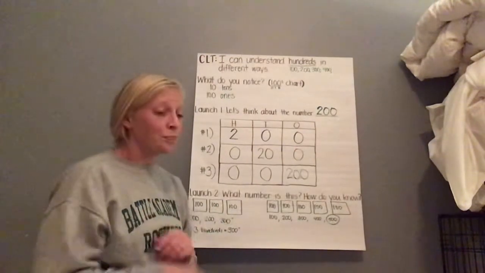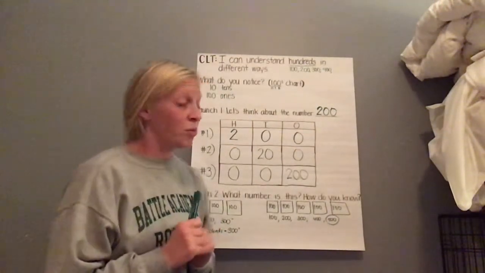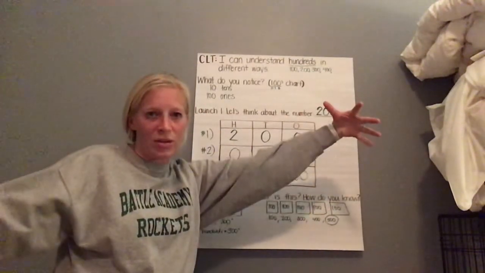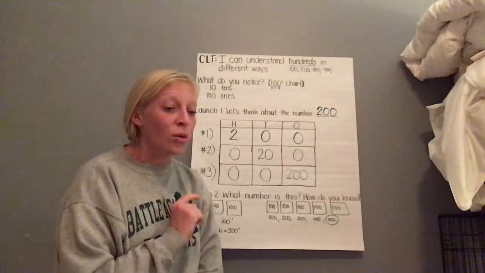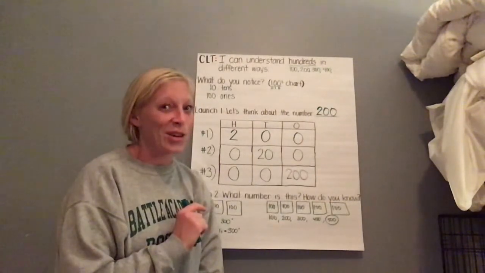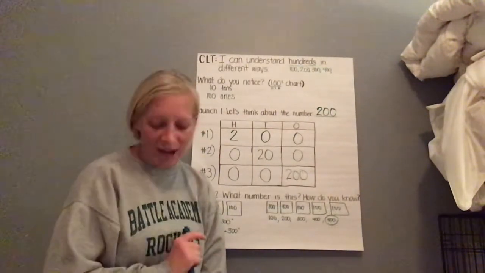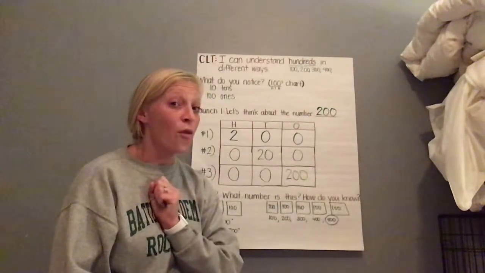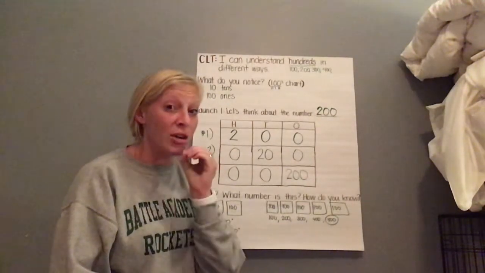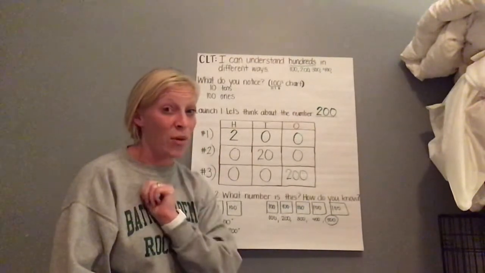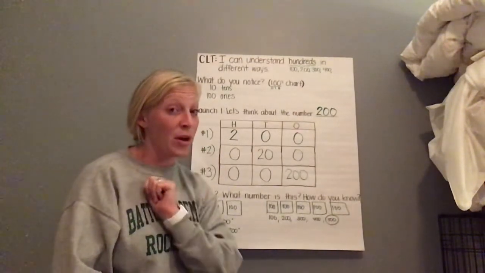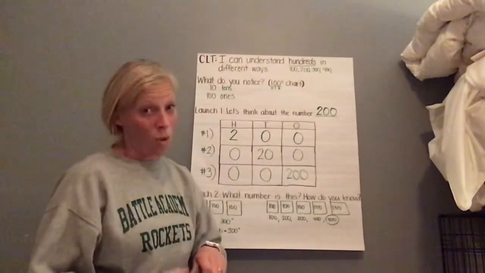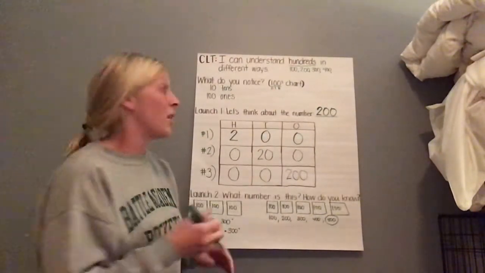Now, before we head off to start creating our big roll of 1,000, I want you to show me a little exit task. Are you ready? Here's your exit task. I want you to show me the number 400 in 2 different ways. Remember, I can show 100 as one square of 100.